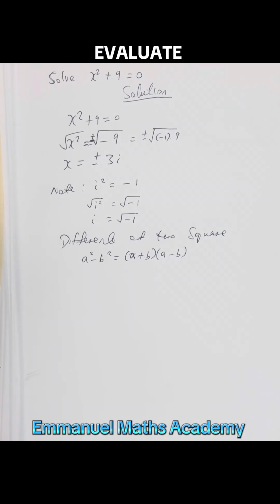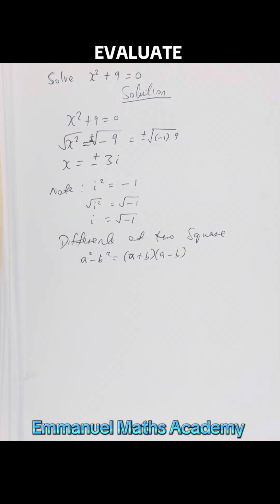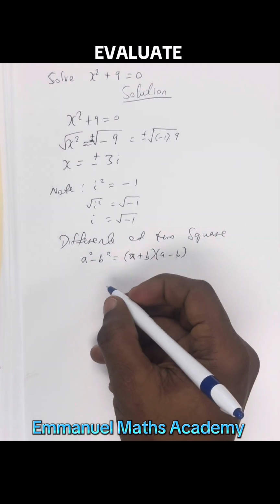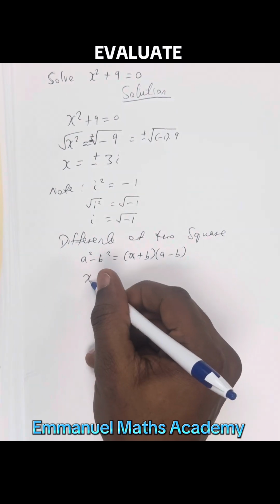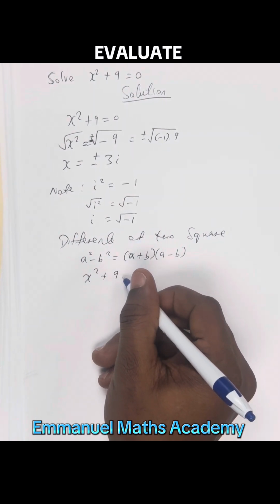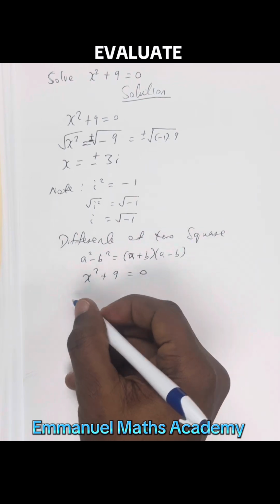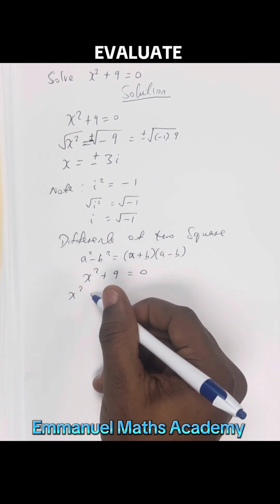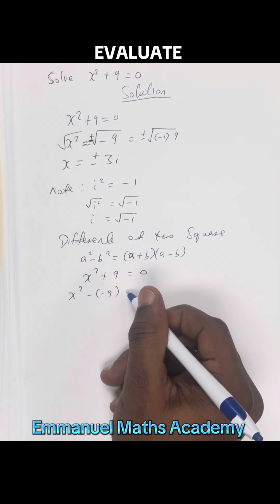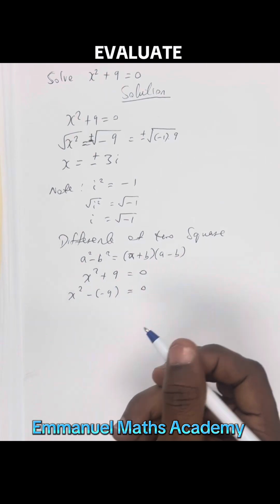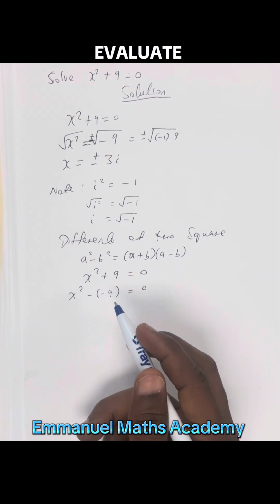So typically from this question, if you have x squared plus 9 equal to 0, this is the same thing as x squared minus minus 9 equal to 0, right? Because minus times minus will give you plus.